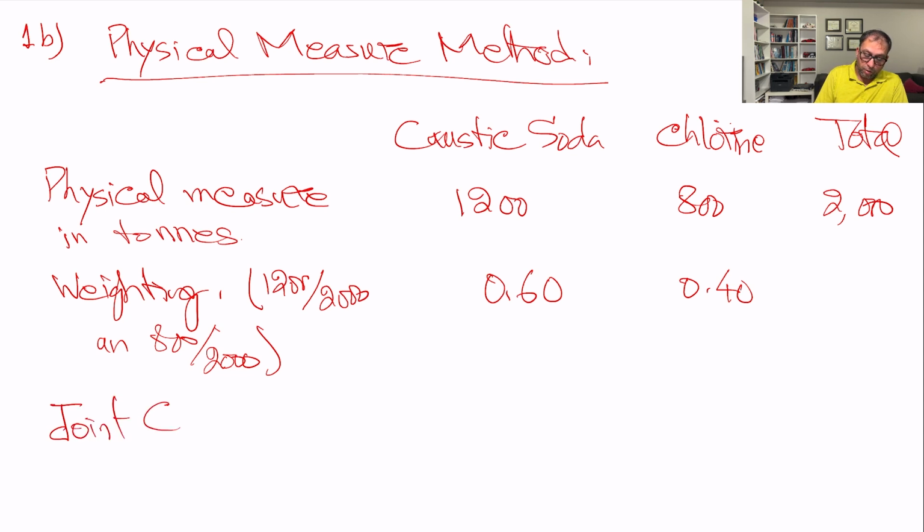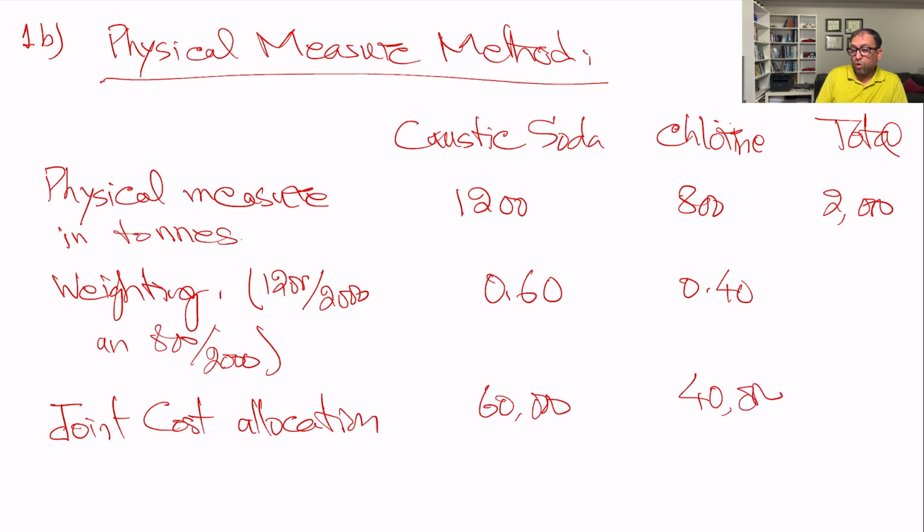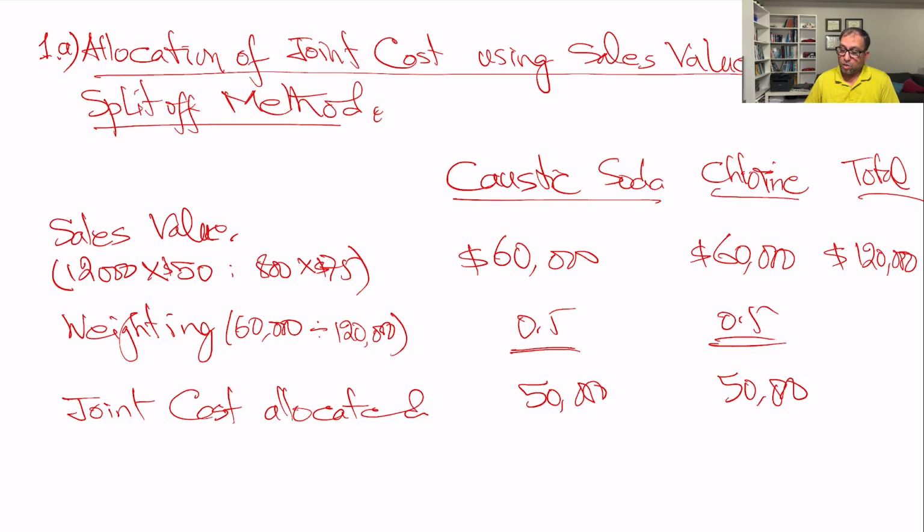So the joint cost allocation out of $100,000 is $60,000 to caustic soda and $40,000 to chlorine, and altogether we have $100,000, and in the previous case also it's $100,000.